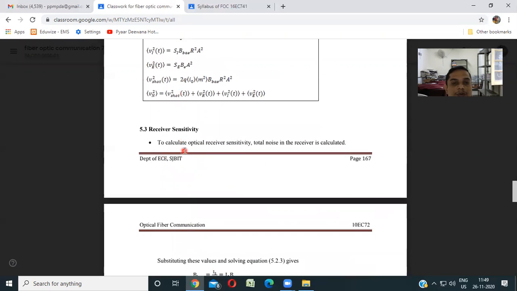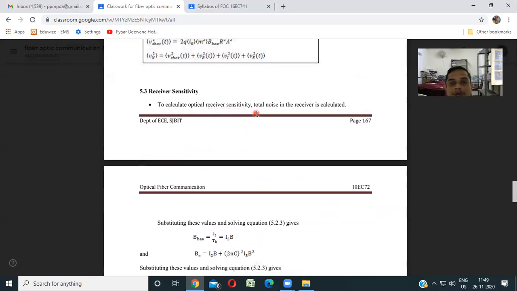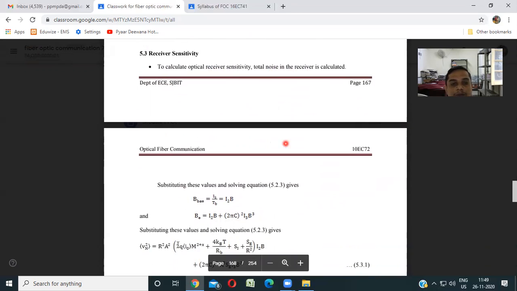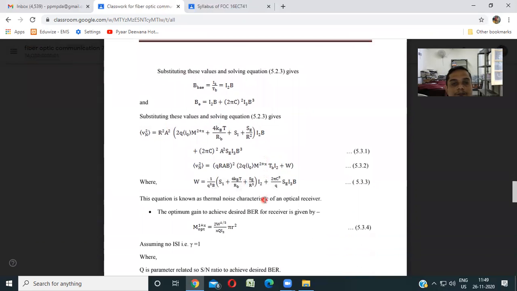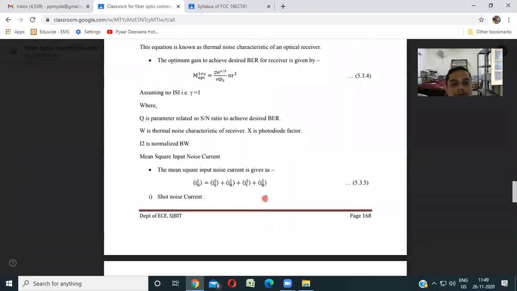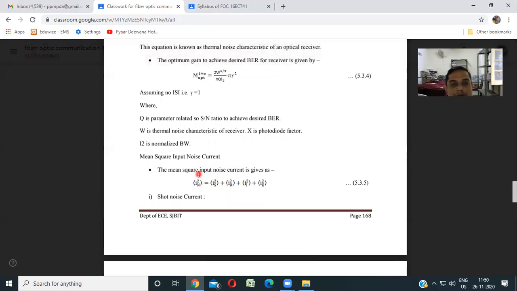Now receiver sensitivity. To calculate optical receiver sensitivity, the total noise in the receiver is calculated. So substitute these values in the following equation. The mean square input noise current is given similar to the voltage; we have the input noise current also. It is given by IS square, IR square, I1 square, IE square.